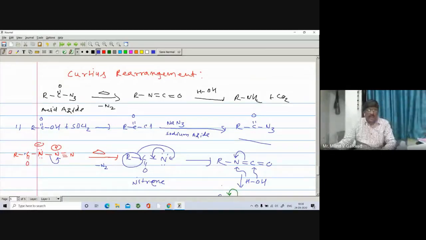So in Curtius, Lossen and Schmidt, the final compound is amine, the intermediate is isocyanate, and nitrene is the intermediate. So in this way we have seen the Curtius rearrangement reaction, and we have completed all the rearrangement reactions in your book.